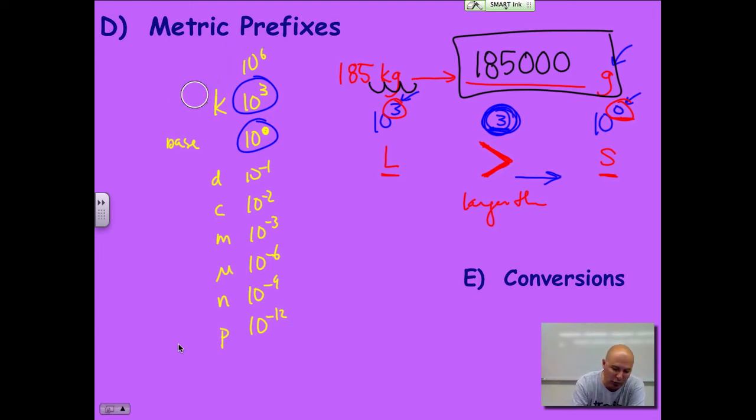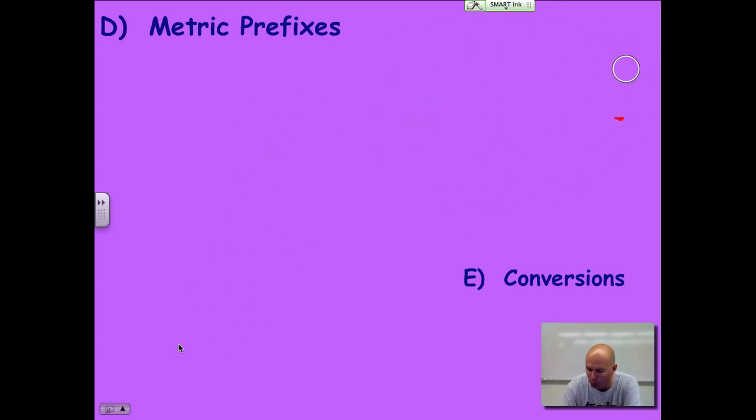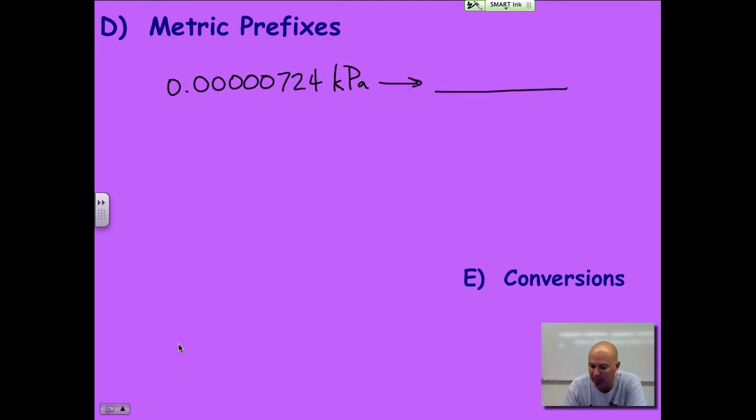All right, I'm going to do one more here, and then we'll move on. Let's say I have 0.0000724, and it could be anything. Let's just say kilopascals. Don't let the fact that it's a pascal versus a gram or meter bother you. I want to know how many micropascals that is.